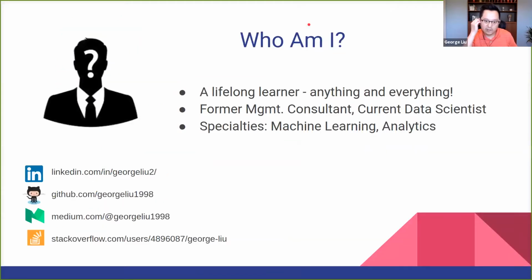All right, first of all, who am I? My name is George. I'd like to talk about myself from three bullet points. Number one, I am a lifelong learner. I learn really anything and everything. What do I mean? For my undergraduate, I majored in mechanical engineering, which in China they call automotive engineering.